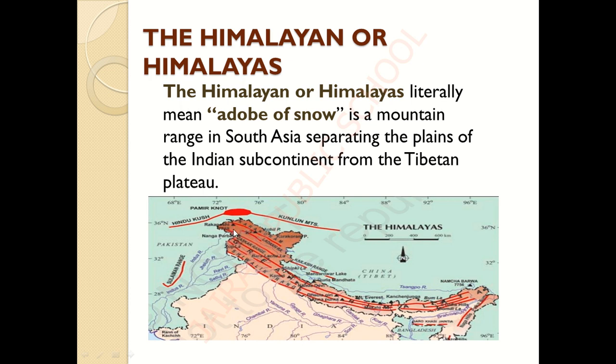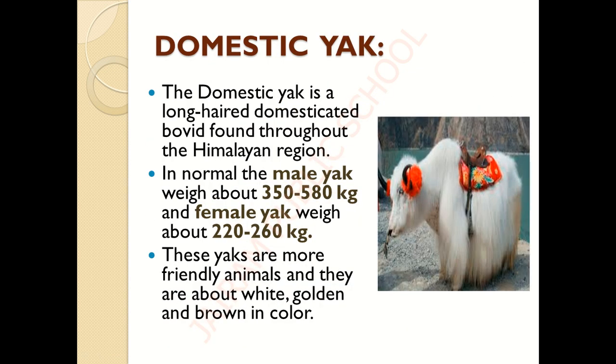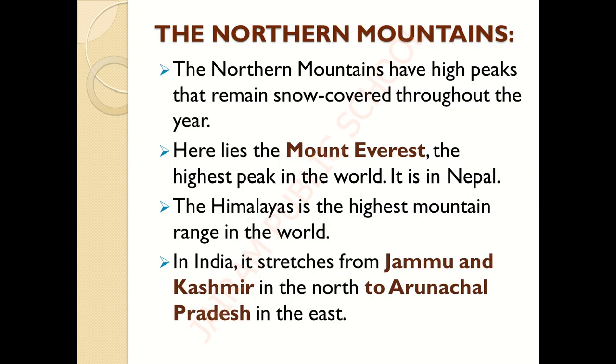The Himalayas start in the Jammu and Kashmir range and end in Arunachal Pradesh. Here is Arunachal Pradesh, and it ends here. So what is the extension of the Himalayas in India? It extends from Jammu and Kashmir in the north to Arunachal Pradesh in the east. So this is the extension of the Himalayan mountains in India.